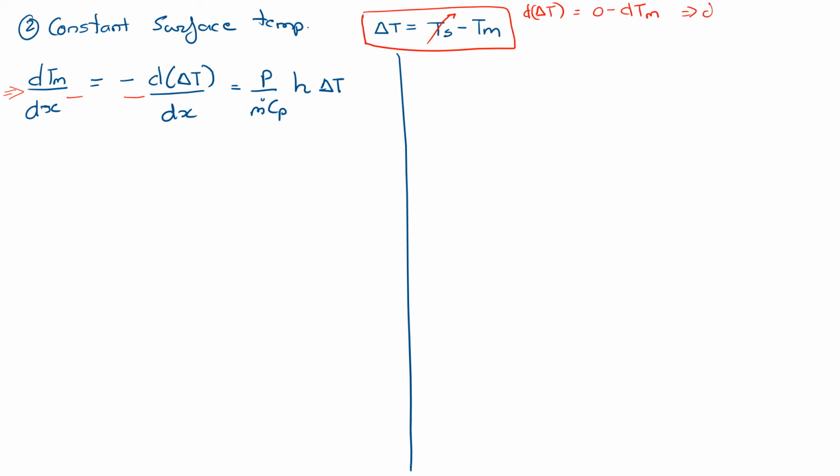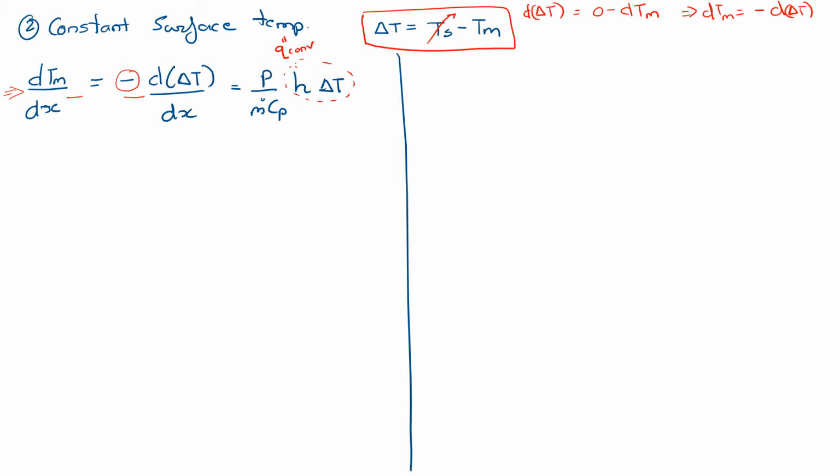So my dTm will just be negative of d of delta T. That's why I have a negative sign here, and I've written dTm by dx equals minus d delta T by dx, and this will be equal to P times h into delta T. So the h into delta T here is the q double prime by convection.